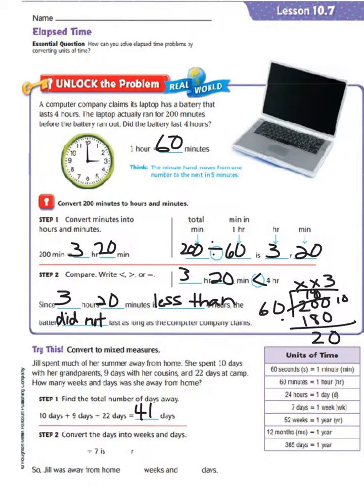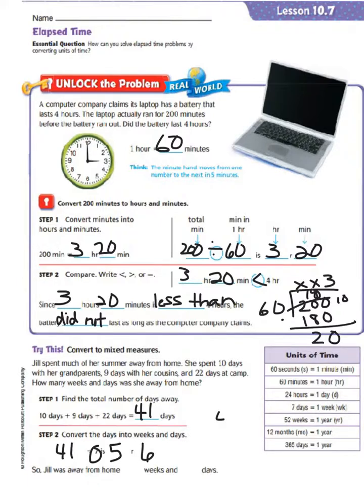Step 2 is to convert the days into weeks and days. So since we know that days is a smaller unit of measurement than weeks, we are going to divide 41 by the number of days in a week, which is 7. That is actually 5 weeks and 6 days.